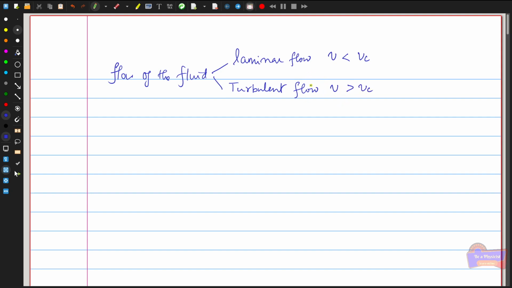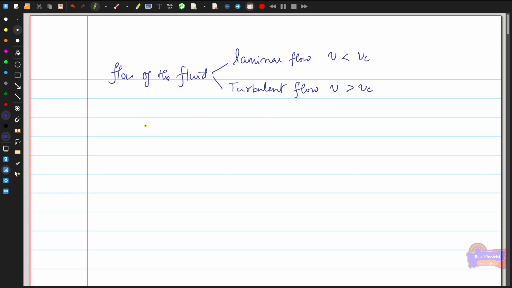From this we can define the critical velocity: it is the velocity below which the motion of the liquid is laminar, or ordered, flow. If the velocity of the liquid is greater than the critical value, then the motion of the liquid becomes turbulent.